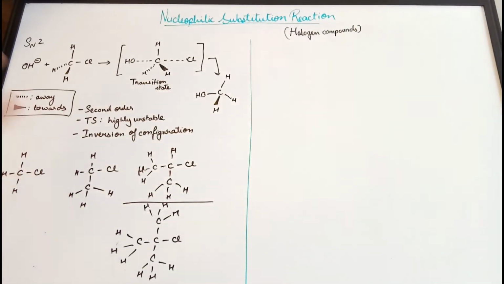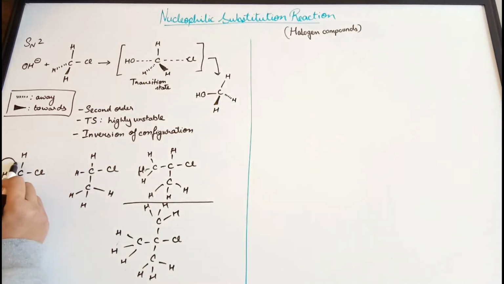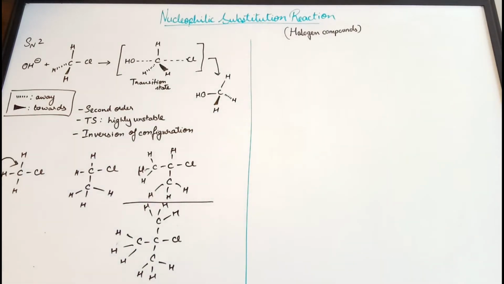Remember, for you to understand that, you need to remember the fact that the OH minus, the nucleophile, is attacking from the back. So when you have it empty, like in the methyl case, you have no issues. The OH minus can easily come and attack. So it can undergo the SN2 mechanism.